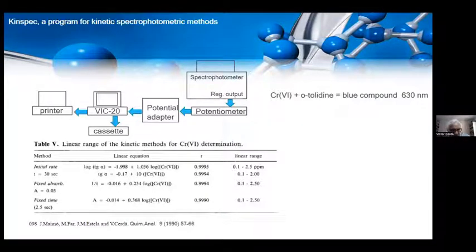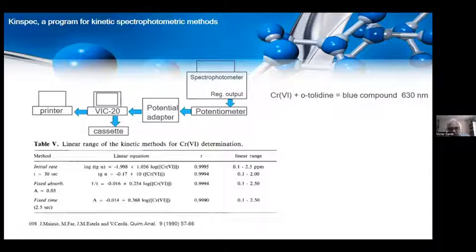Here we have the results applying the initial rate, fixed absorbance, and fixed time. In all cases, we can see we have very good straight lines, and we can measure chromium 6 at low concentrations.